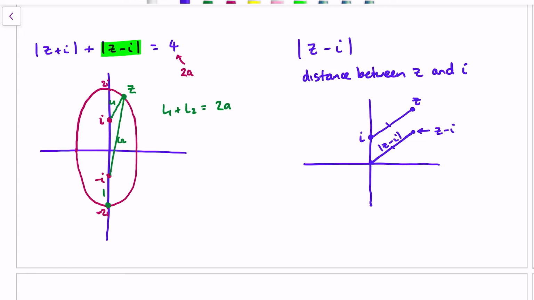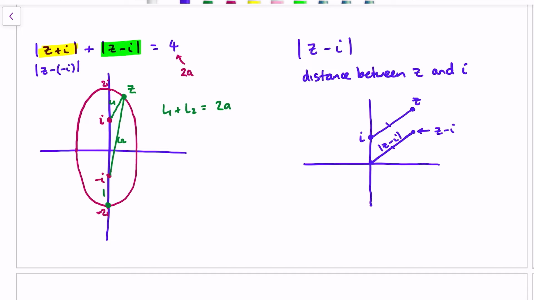So when I see that expression in green that's in the equation highlighted there, I read that as the distance between z and i. And the other one, the first one, which I highlight here in yellow, is the distance between z and minus i.